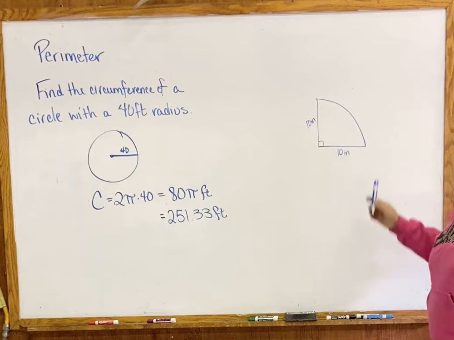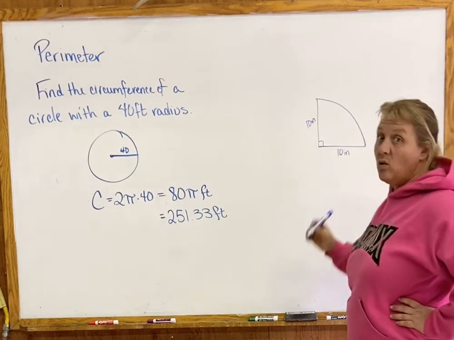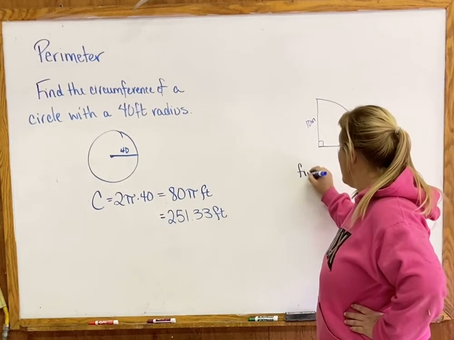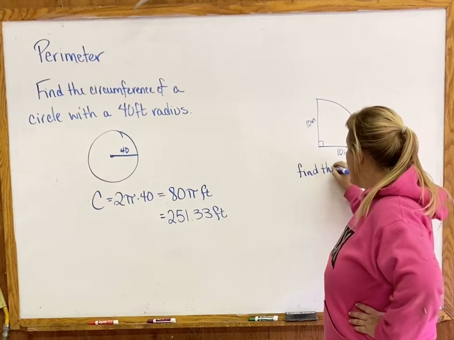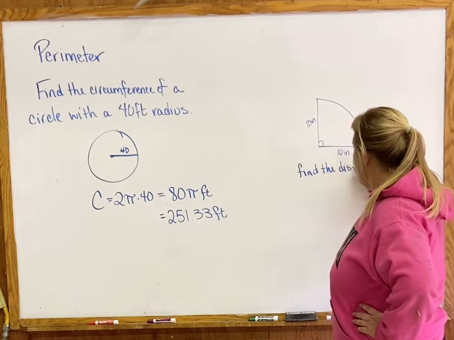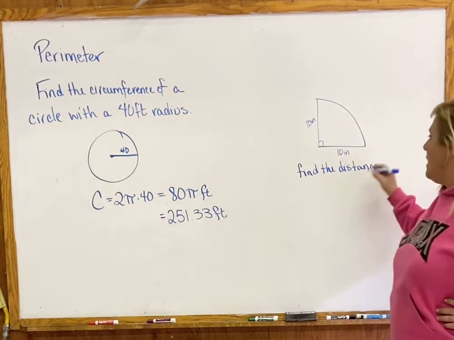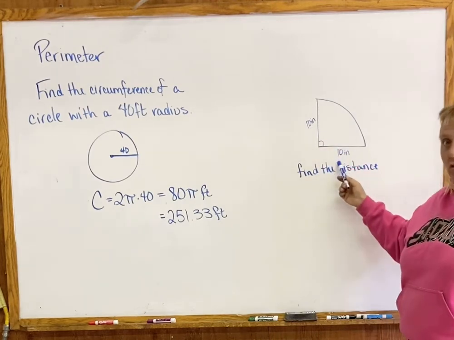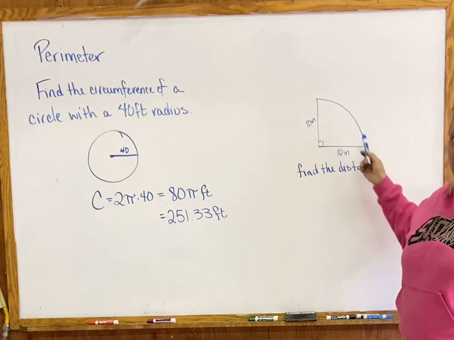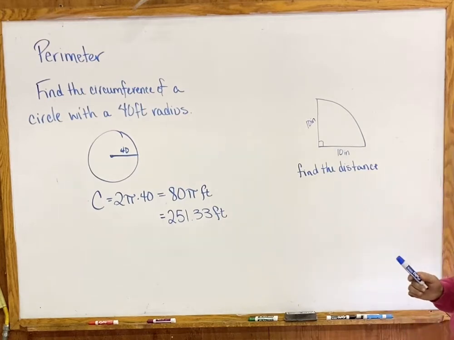Then they want us to find the distance around this shape. So we've got a little bit of an issue on this guy in that we know these two sides, don't we? But we do not know the curvy side, because the curvy side is part of a circle.